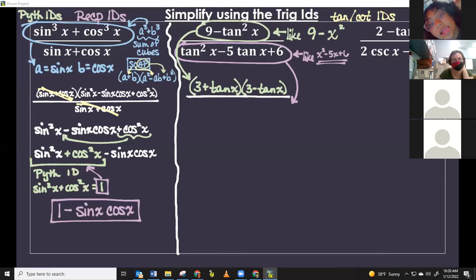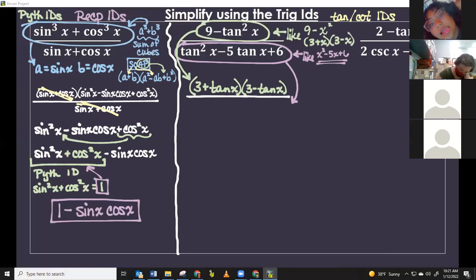How would x squared minus 5x plus 6 factor? Yes.